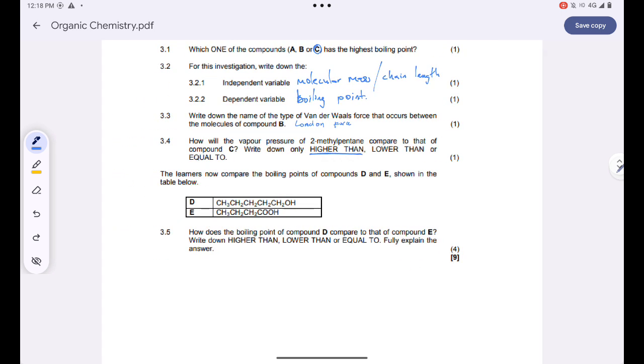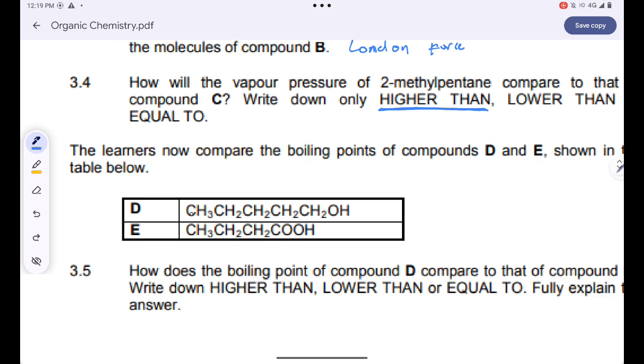The learners now compare the boiling points of compounds D and E as shown in the table below. Compound D is an alcohol because it's a primary alcohol, that is, it has a hydroxyl group on the terminal carbon. The IUPAC name of this, I have 1, 2, 3, 4, 5.